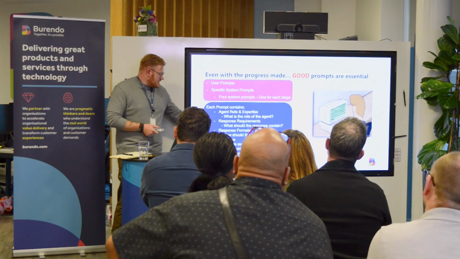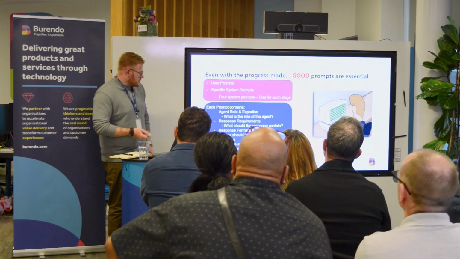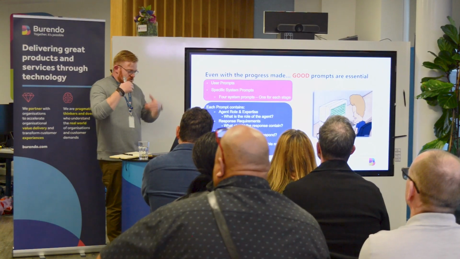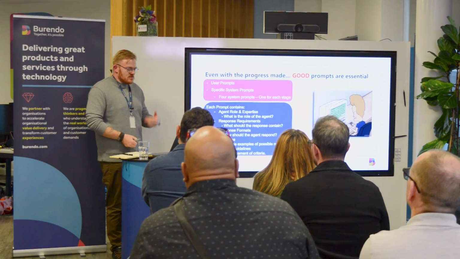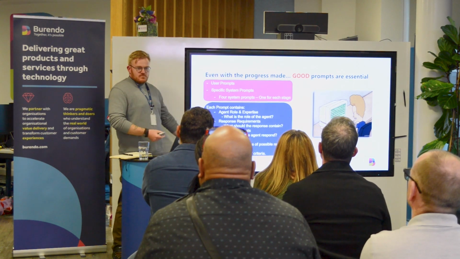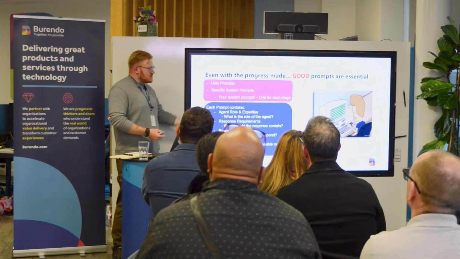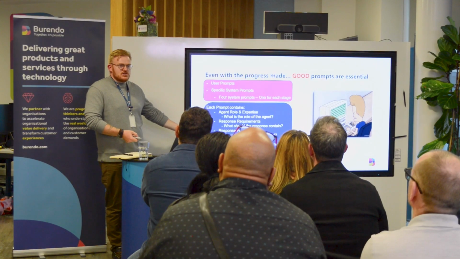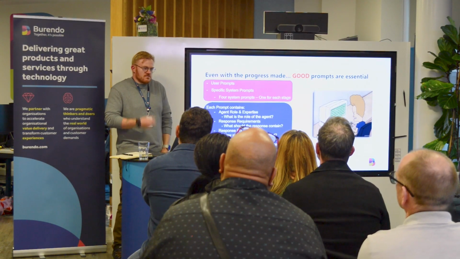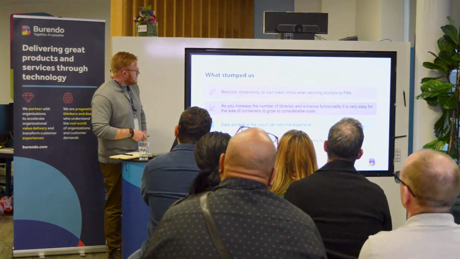We also provide examples of possible responses, and we provide specific guidelines, so reinforcement of criteria to make sure that it gets it right. I'm probably teaching people to suck eggs with regards to prompt engineering, but this is all stuff that we've genuinely made use of when we've developed the agent.